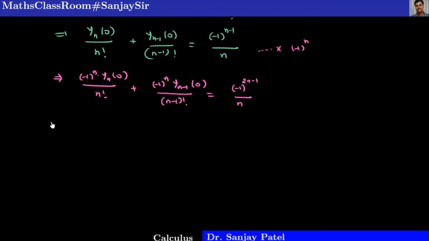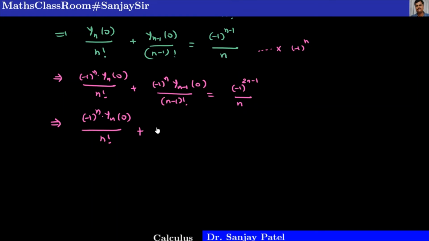So this I can rewrite. The first step I am writing as it is: minus 1 raised to n into yn(0) upon n factorial plus, this I want to write in this form. Say I want minus 1 raised to n minus 1 over here. So I multiply and divide by minus 1 raised to minus 1.